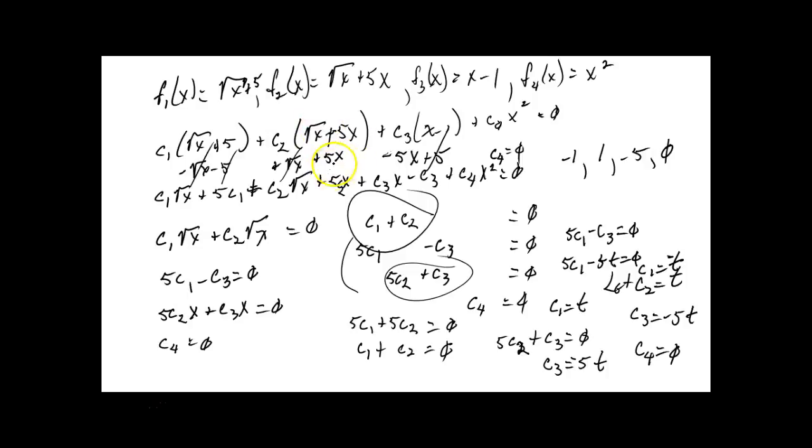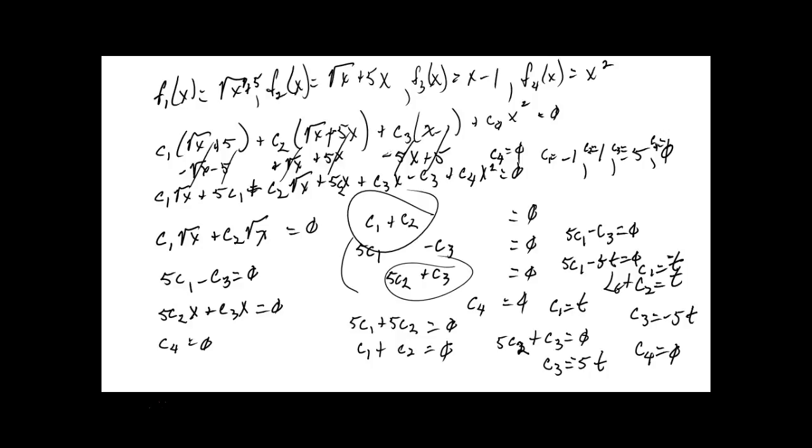So those go out, and these go out. So sure enough, that choice right there, C1 equal that, C2 equal that, C3 equal that, and C4 equal that. That would give you a linear combination of these added to 0 without all of them being 0. The C4 has to be 0, but the others do not.